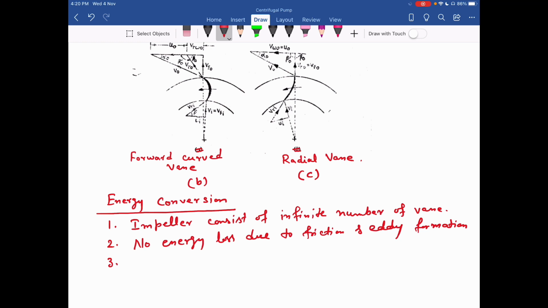And third one is no shock loss at the entrance of the vanes. So these are my few assumptions to derive this energy conversion relation.